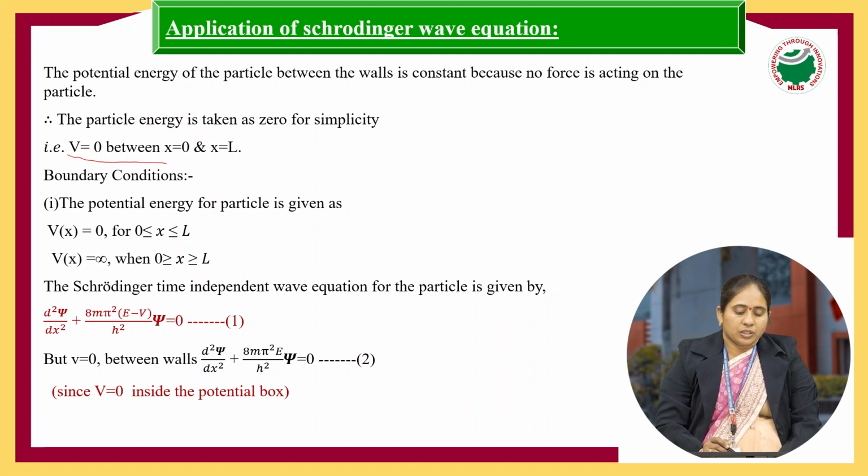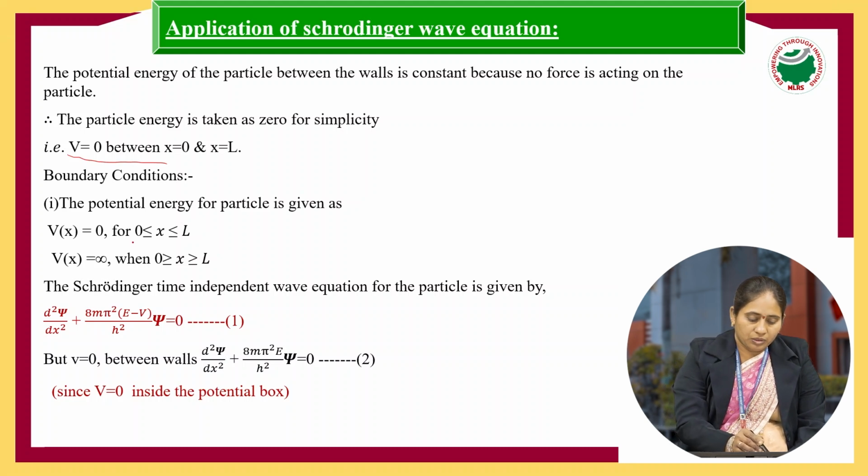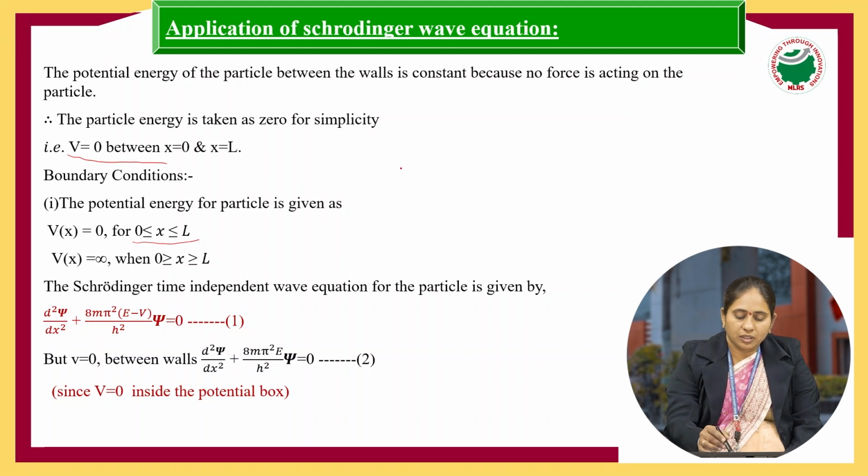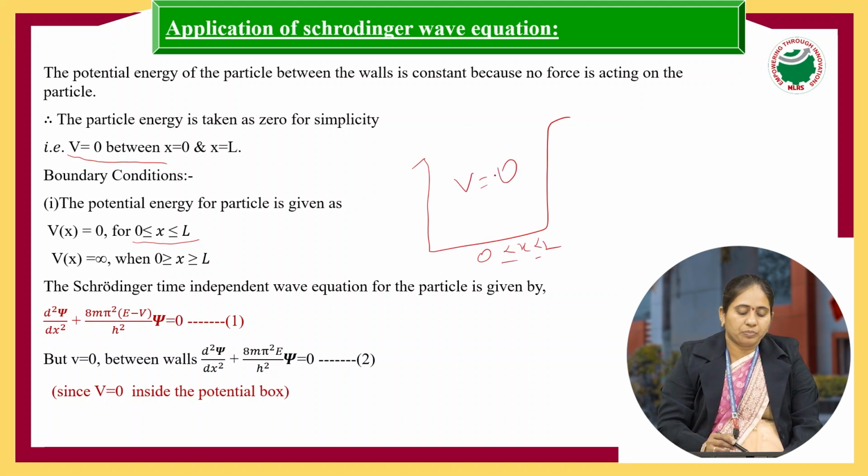So what are the boundary conditions? The first boundary, between 0 less than or equal to x less than or equal to L, that is, inside the box, the potential energy is 0.